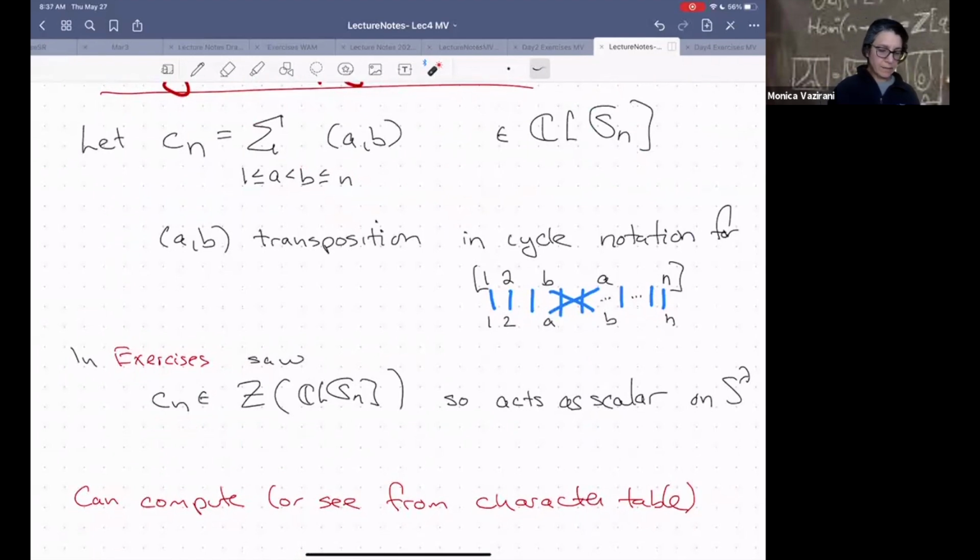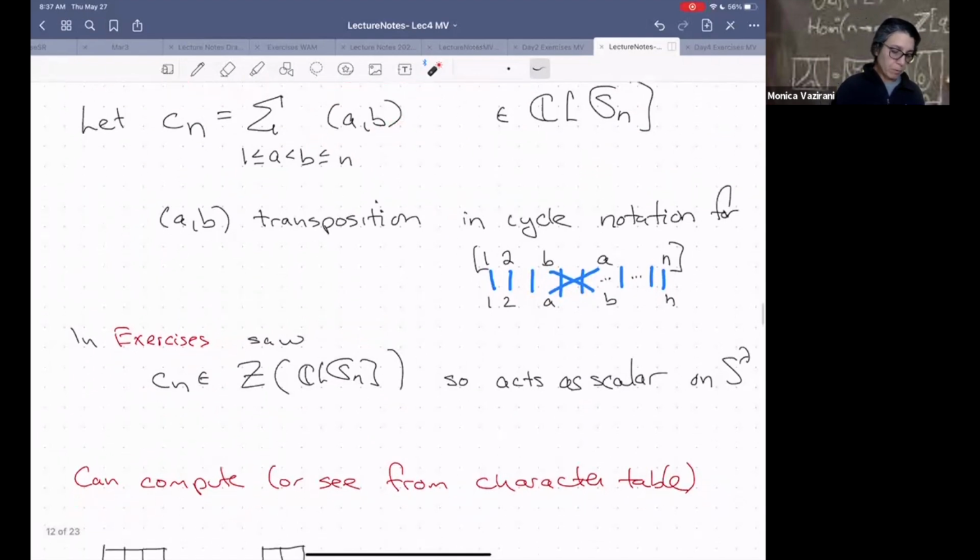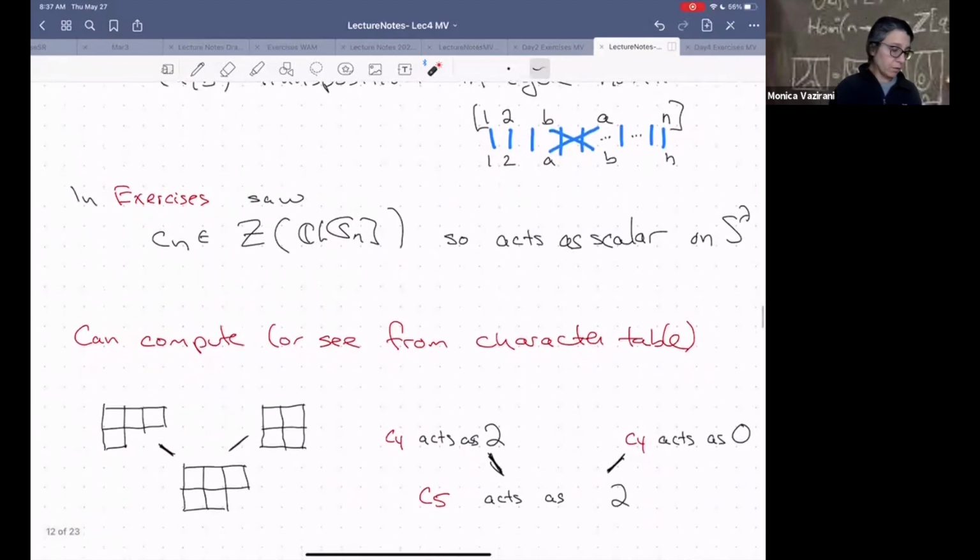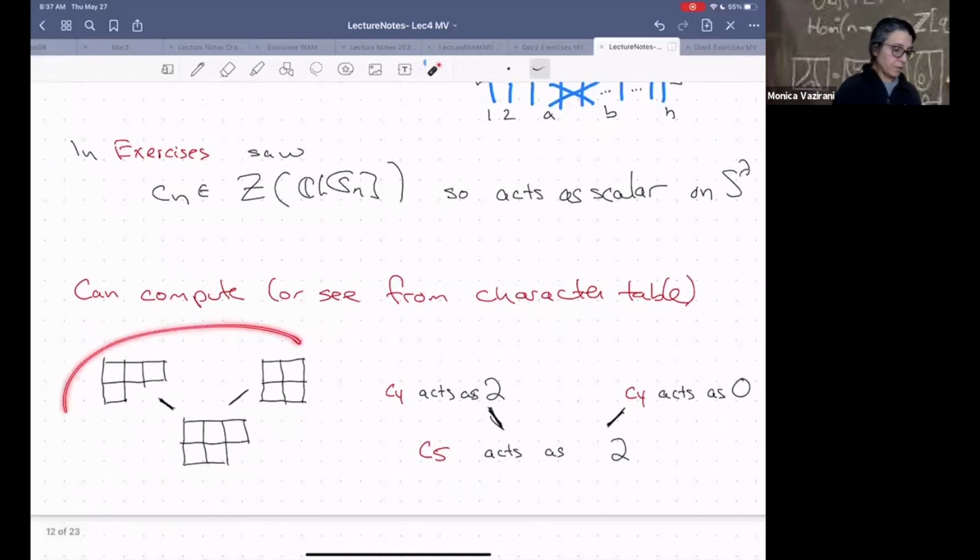And what is that scalar? Well, if you have the character table, or you do the exercises, or you just think about transpositions, you can compute the scalars. So let's take this little piece of our branching graph.